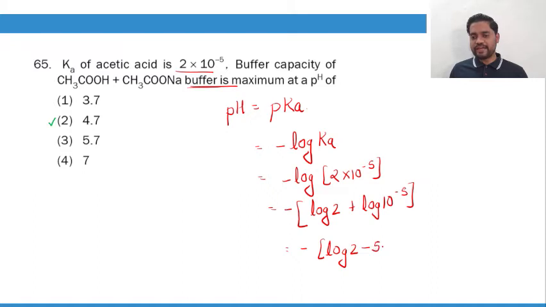So it is minus 5 log of 10. We know that log 10 is equal to 1. So what is the final equation? Now if I bring this minus inside, can I say it is 5 minus log of 2?